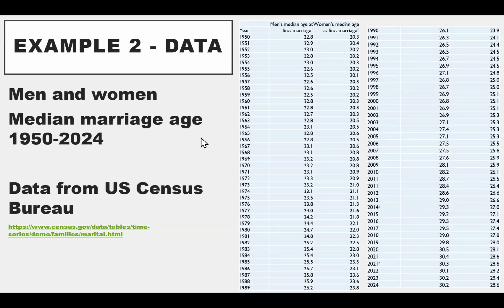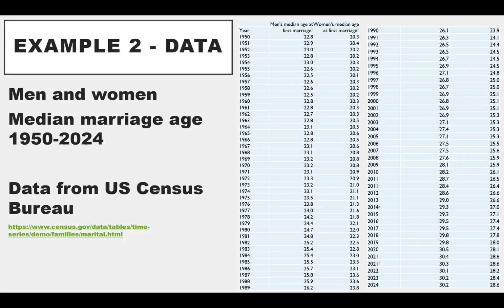Here's another example. In fact, there's kind of two examples in here. What this data is about is the median marriage age from the year 1950 to the year 2024. Most years from 1950 to 2024, they've collected the median age at the time of their first marriage.